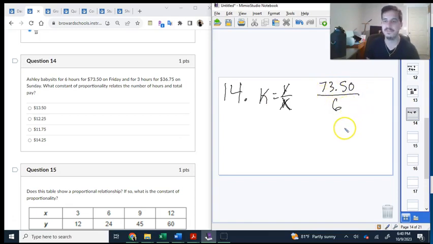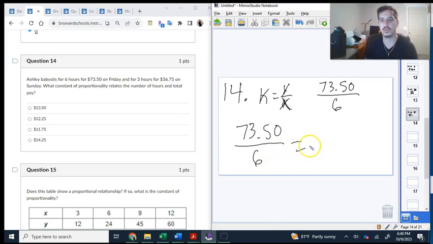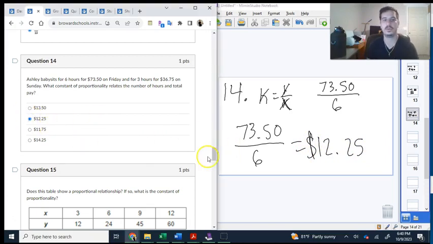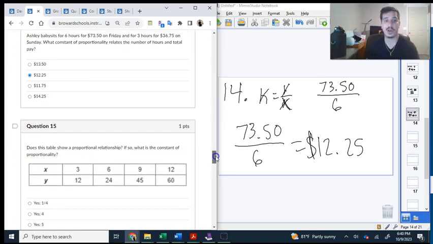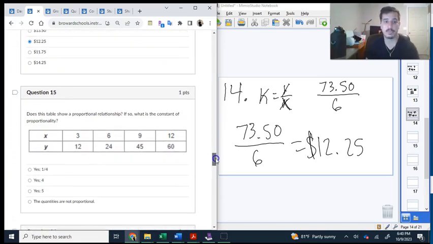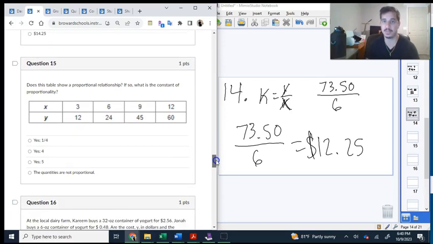Very simple. So 73.5 divided by 6, and that'll give you my answer. She is paid $12.25 an hour. Everybody should know how to do this. It's pretty easy.